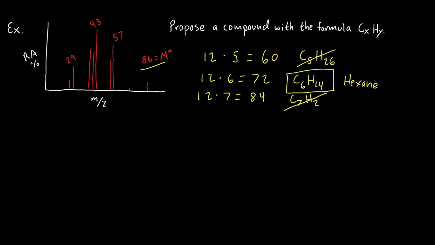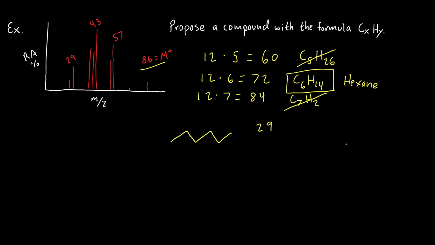And we can look at the fragments to confirm this. So C6 could break in a variety of places. Let's look at the peak 57. How could we get that peak? So 86 minus 57 is 29. So our chunk lost 29 mass.